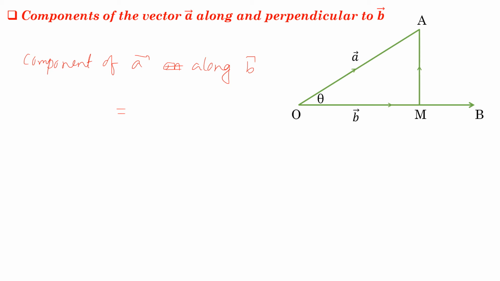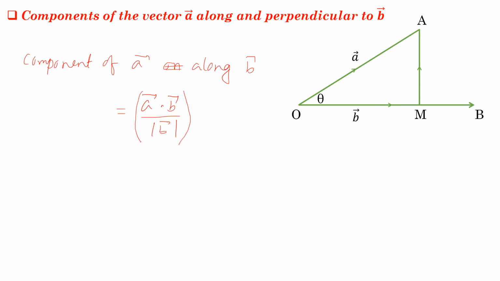That means it is simply a bar dot b bar divided by modulus of b bar. This is the magnitude of the vector component. This bracketed quantity is a scalar term actually, it will give the value of the component.